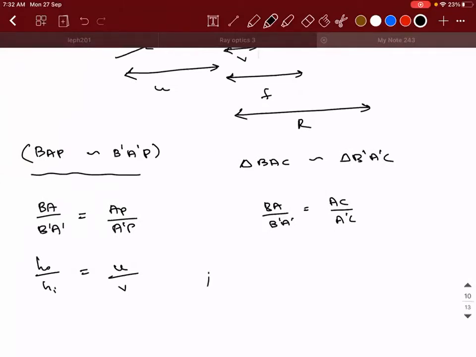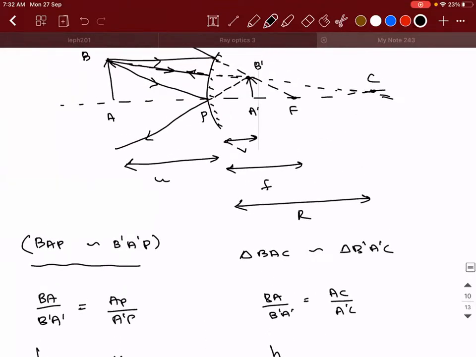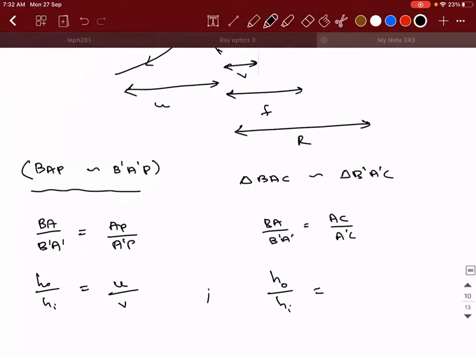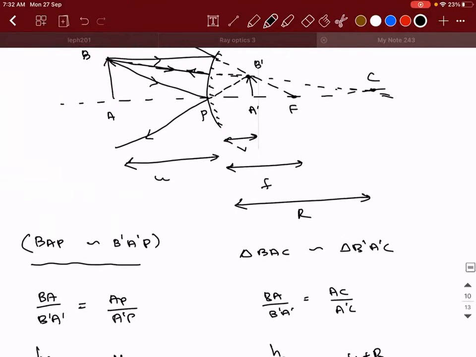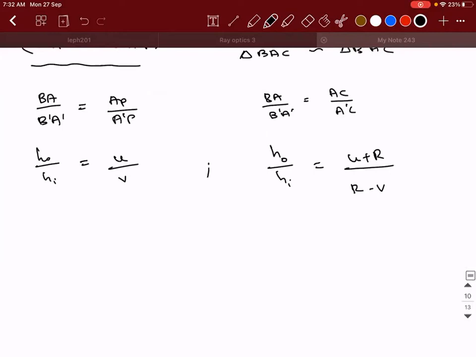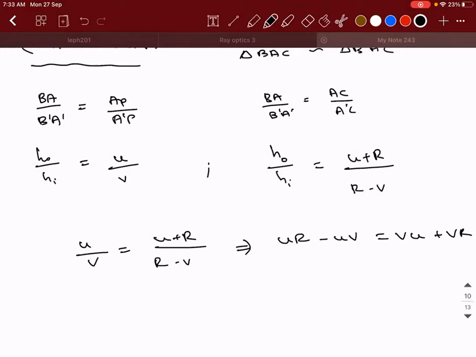U divided by V. Similarly, H naught divided by HI is equal to what is AC? AC is U plus R, divided by A dash C, which is R minus V. So U by V should be equal to U plus R divided by R minus V, which implies UR minus UV is equal to VU plus VR. What will you get?